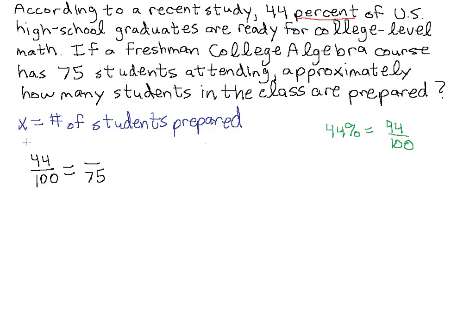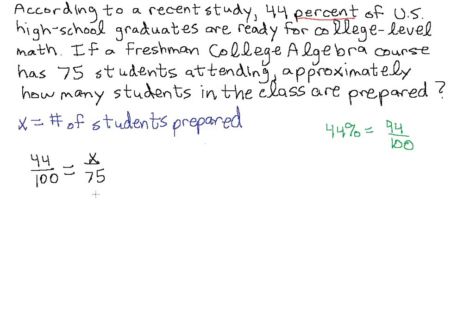And we already defined this as x. So we know that in this bigger classroom of 100 kids, 44 of them are going to be prepared. We want to know how many kids are going to be prepared in the smaller classroom of 75. So we have this proportion. These two ratios are going to be equal. And we want to know what x is in order to make that equal.